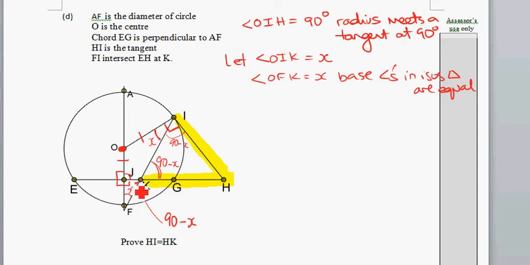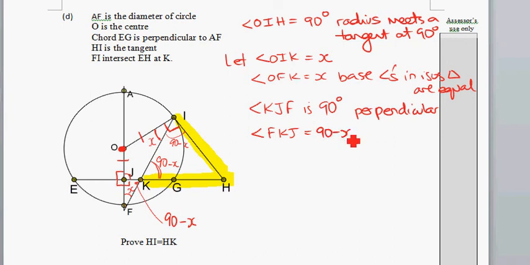We need to say that angle KJF is 90. That was because of the perpendicular statement. And now we can give an angle for this one, which is FKJ. FKJ equals 90 minus x, and that's angles in a triangle sum 180.